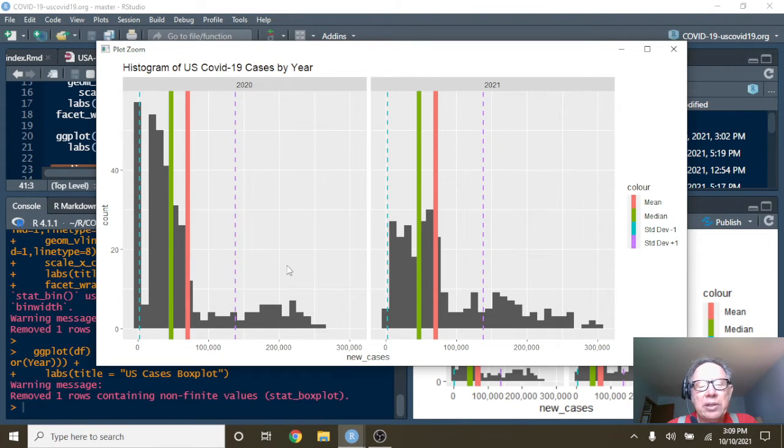And again, you can see because it's skewed to the right, the mean line is to the right of the median. And again, plus or minus one standard deviation.